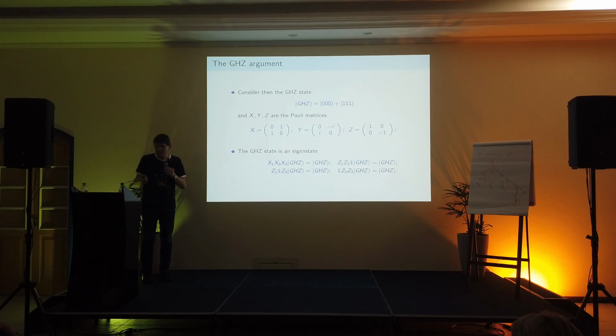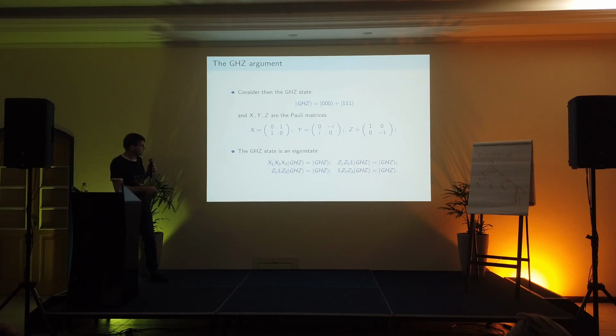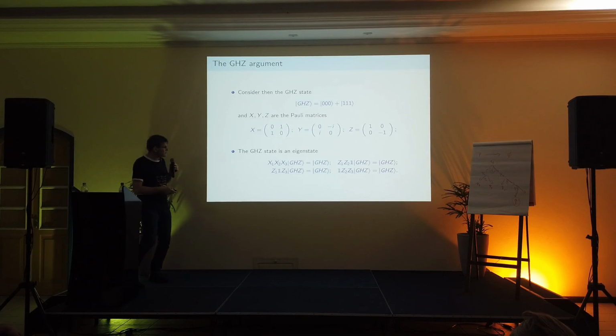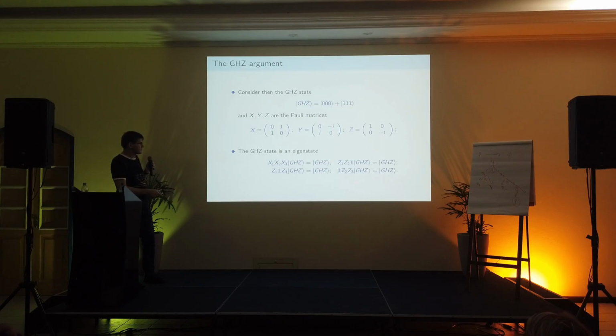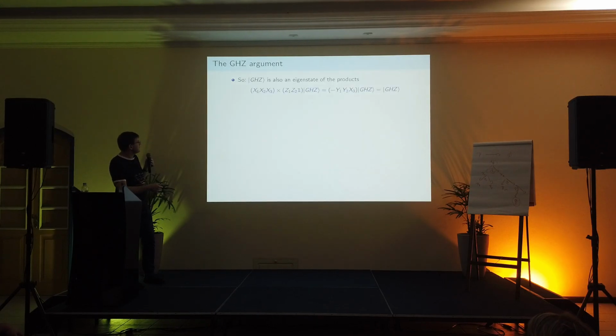That way you can generalize the GHZ state by trying to get similar properties. Okay, but now let's look further at these operators. The GHZ state is an eigenstate of this thing and this thing, so it's also an eigenstate of the product. And the product of these 2 things is just minus yx.